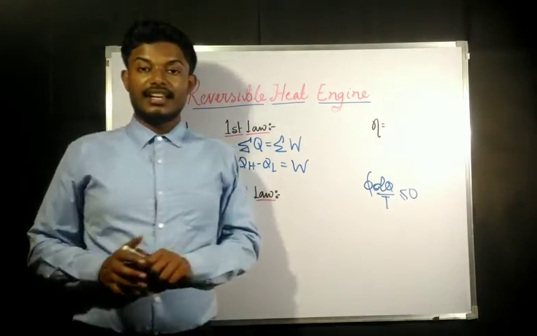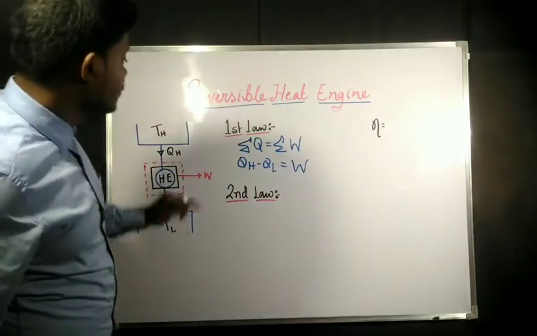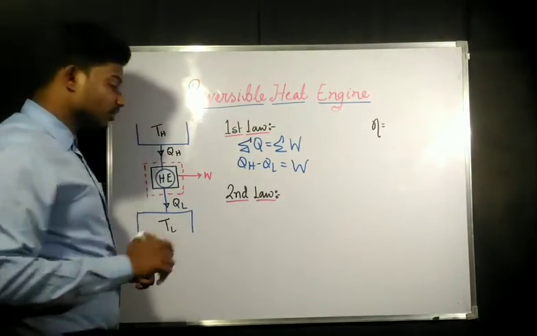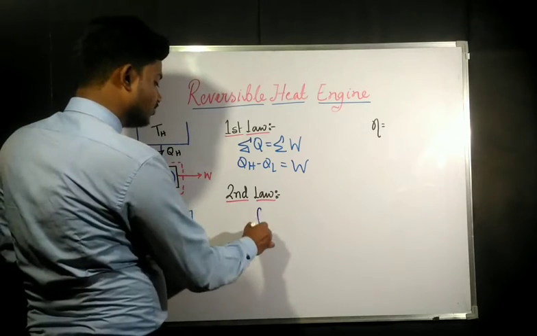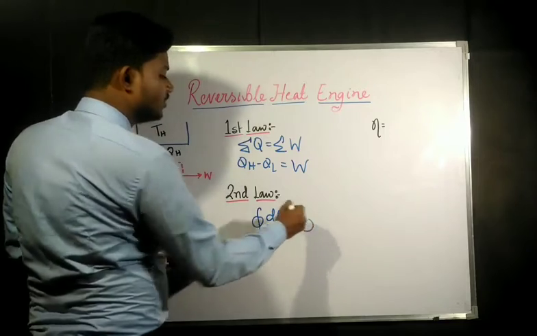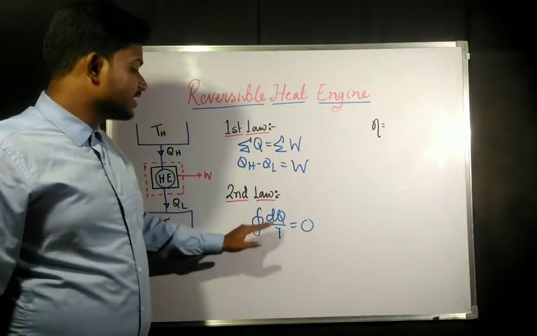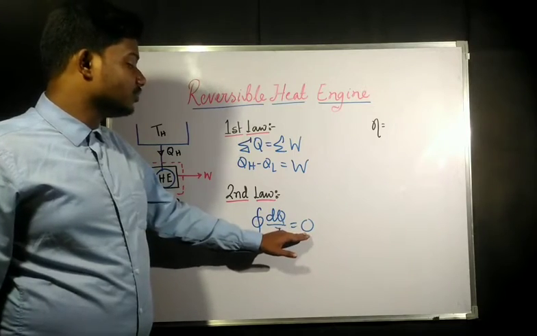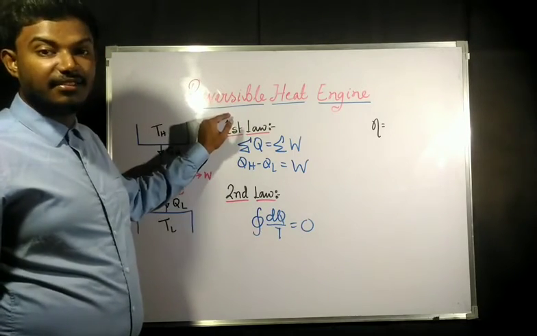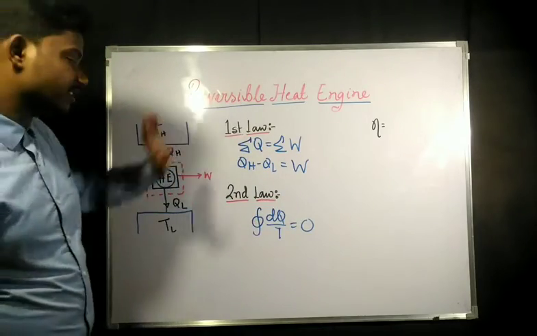Since we have said this is reversible, in the case of reversible, the second law says the cyclic integration of dq by t is going to be 0, and it would have been less than 0 if reversible was not mentioned here.